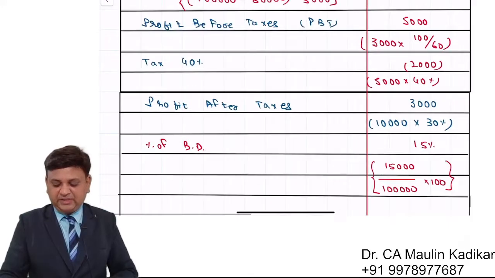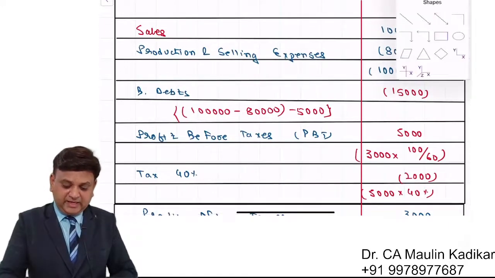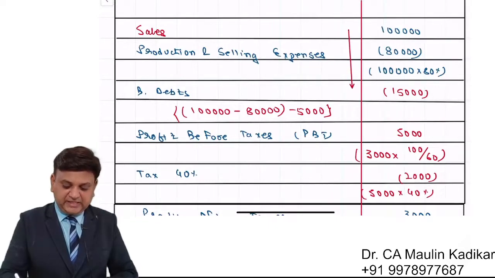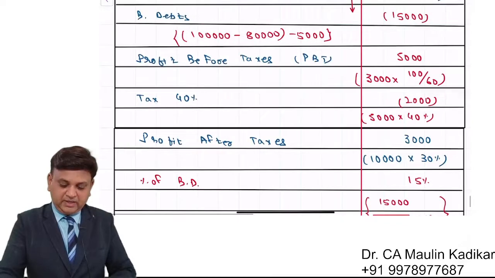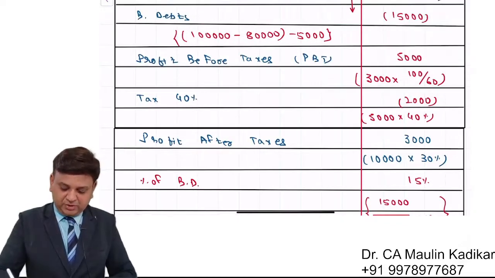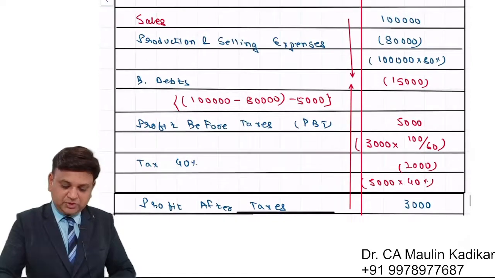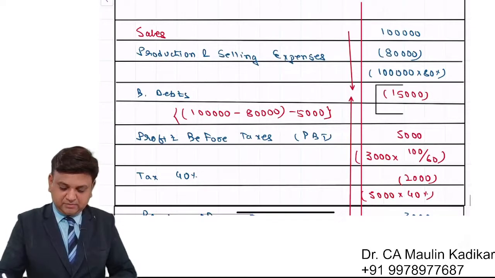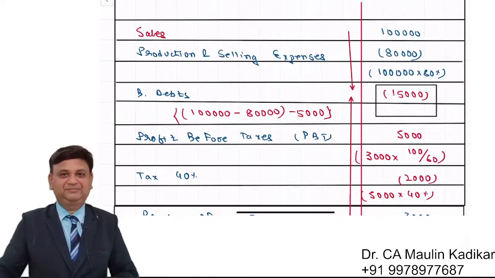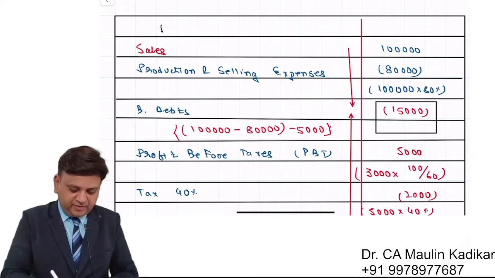So 15% is the maximum bad debts that we can afford. In that case, we will be getting a return of exactly 30%. This is the way we are supposed to make the calculation. The amount of the bad debts is calculated as a balancing figure like this. So this is the way we are required to do the second part of the question.